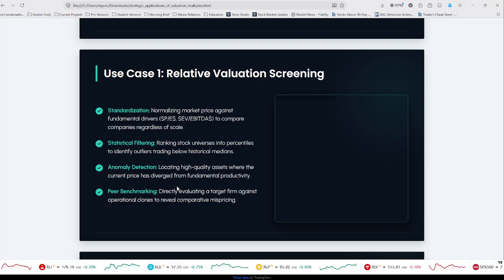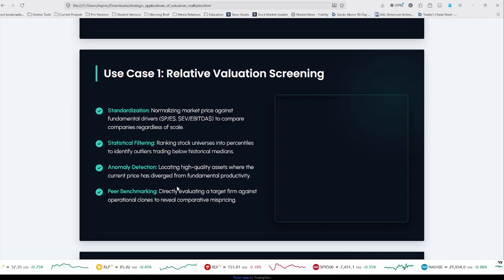So basically, you're looking to locate high quality assets where the price is essentially showing a divergence. One of the key ways of finding that we're going to talk about in a second. But then we have peer benchmarking.